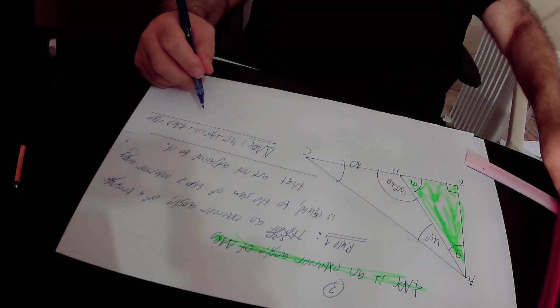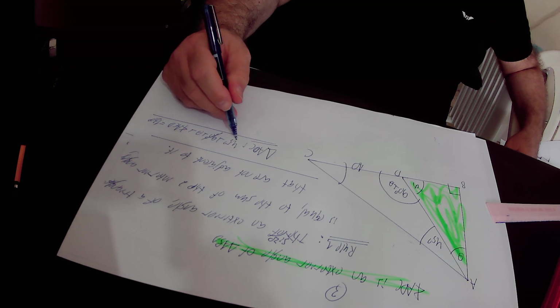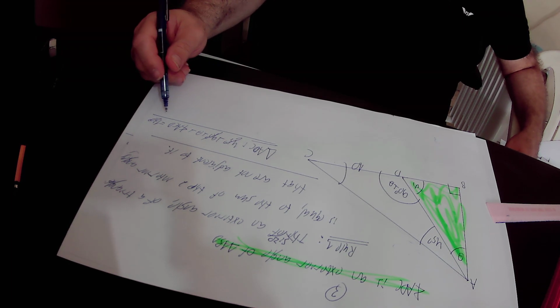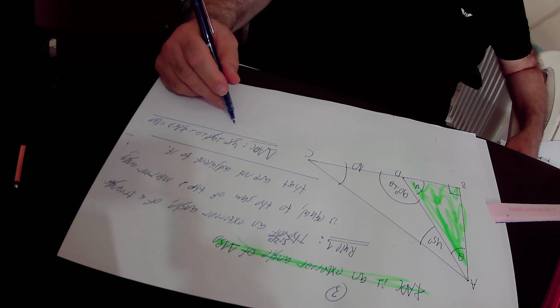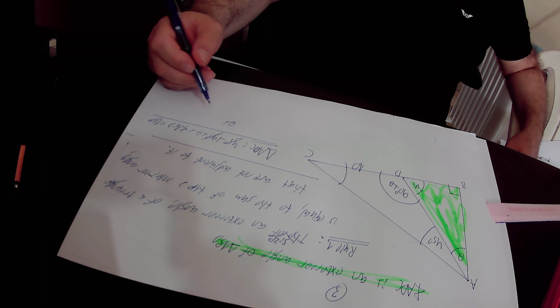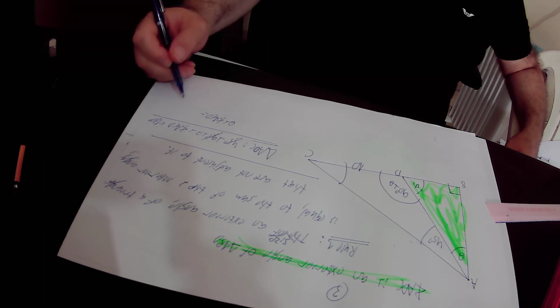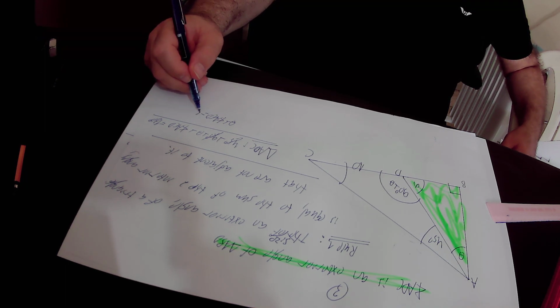Here we subtract 135 degrees from this equation. So 135 degrees will get cancelled here, and 100. So what is left here? Theta plus angle ACD is equal to 180 degrees minus 135 degrees. It is 45 degrees.